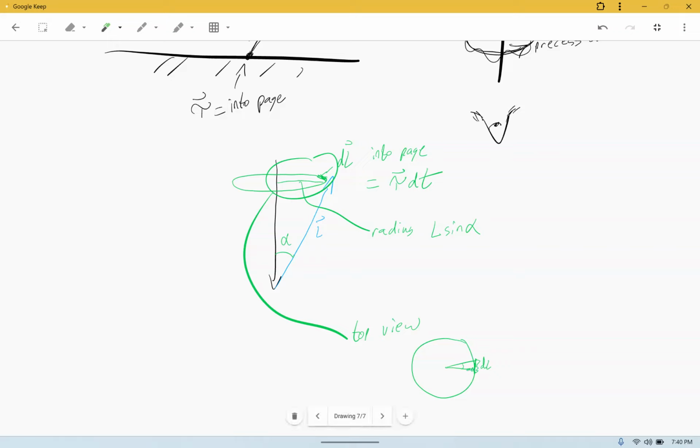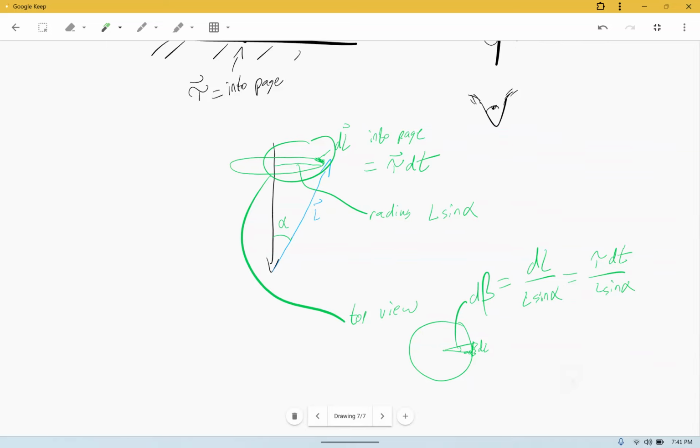And what I'm trying to understand is what is this angle here, this little d, let's call that beta or something, right? d beta is going to be equal to dl over r, which is L sine alpha. Excellent. So now what's interesting is we know that that is just tau dt over L sine alpha.